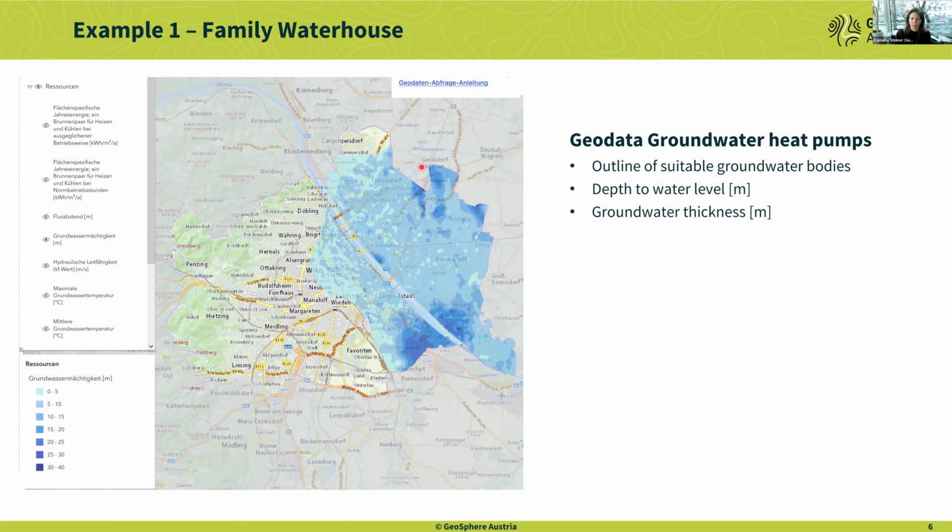They did a 3D modeling of the shallower aquifers. And so that's why we got this information here. And with that, we could derive the groundwater thickness. So now you see that we have, especially here in the southern part, groundwater thickness of up to 40 meters.